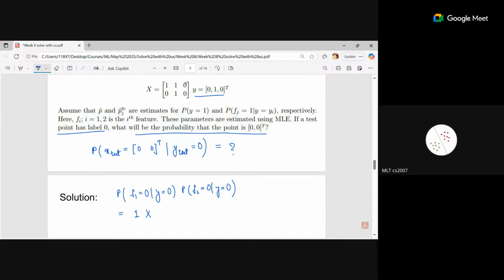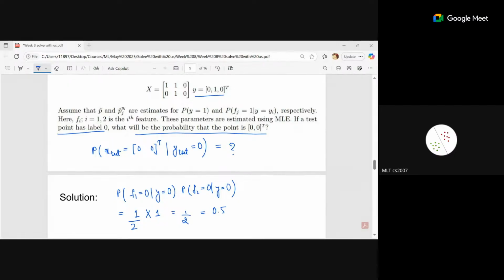F2 is equal to 0, this is 1. So this turns out to be 1 by 2. So the answer is 0.5. I hope this was straightforward and clear to everyone.